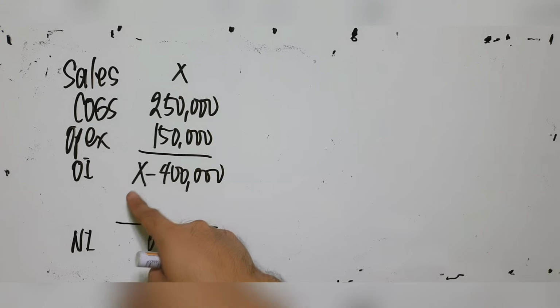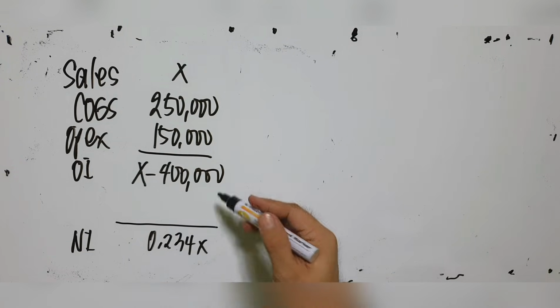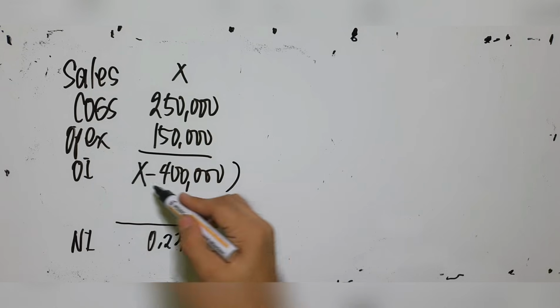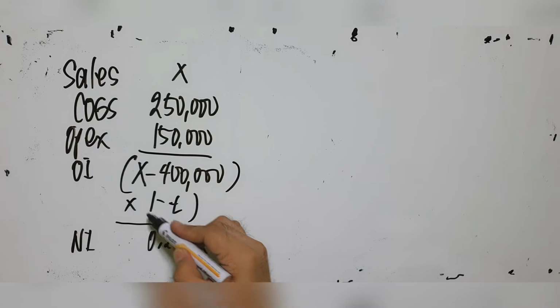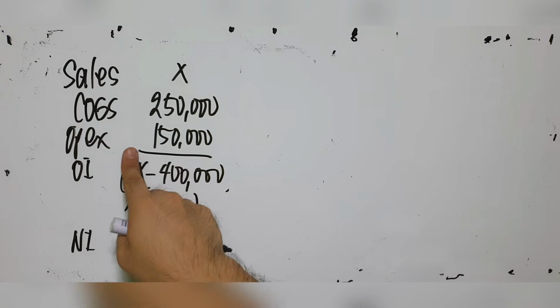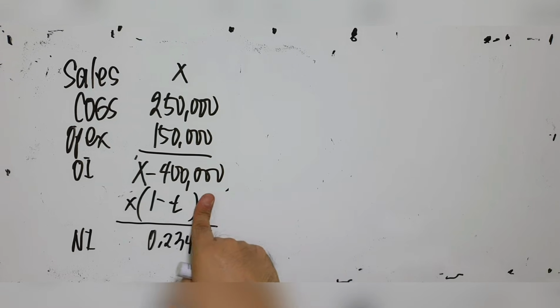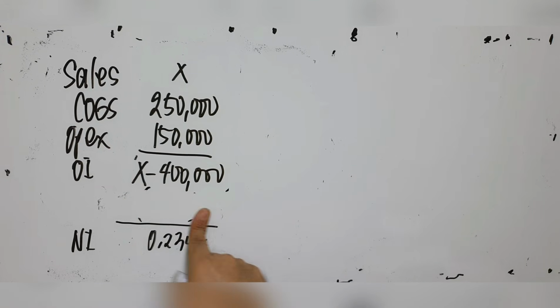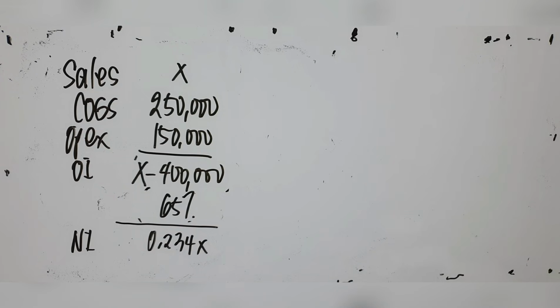Kaya naman, itong X minus 400,000 para maging 0.234X, dapat ito i-multiply natin ng times 1 minus the tax rate. Okay? Multiply natin ng 1 minus the tax rate. And ang tax rate natin ay 35%. So, ilagay na natin dito. I-multiply natin to ng 65%. Okay?